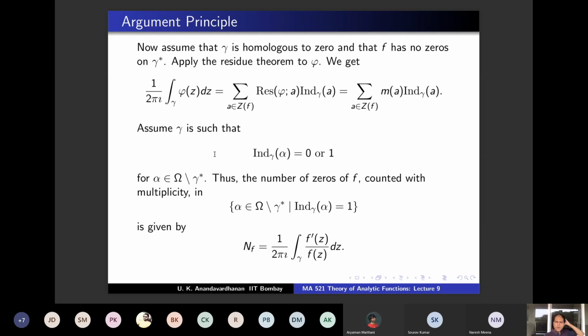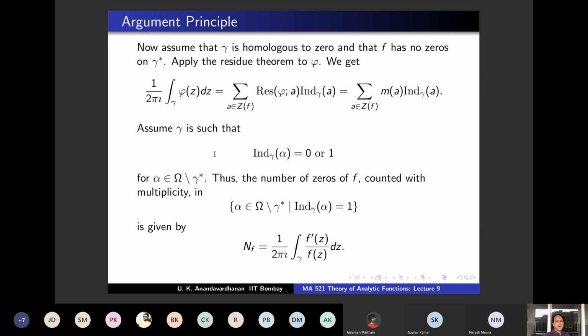Now there is one more way of writing this. I haven't done it in the slides. I would like you to check. It's a simple check using one variable calculus. What is f? f is a holomorphic function on omega, and gamma is a path taking values in omega. So gamma is from the closed interval [0, 1] to omega, and f is a function on omega.